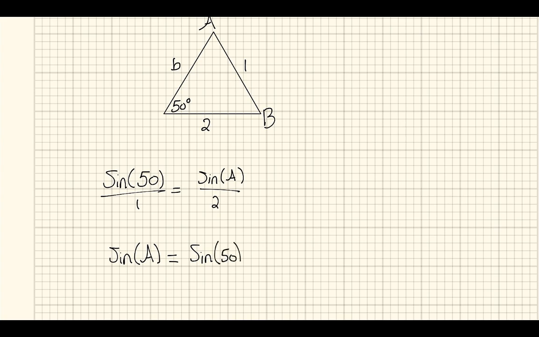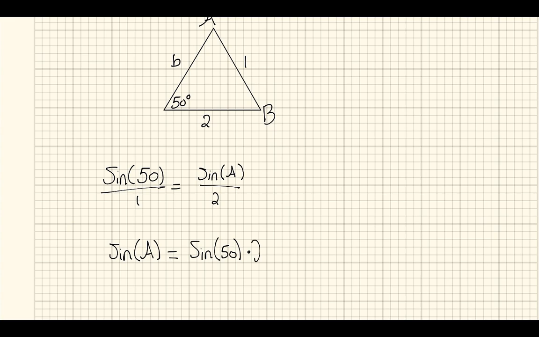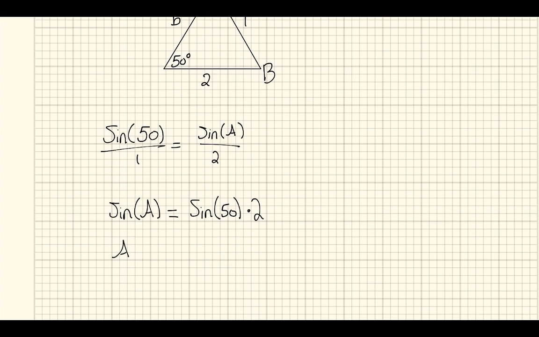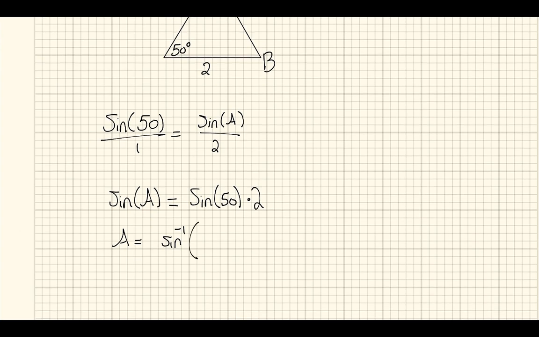of 50 times 2. All right, and if we're trying to solve for A, if you recall, we're going to inverse sine this whole thing here. Inverse sine of the sine 50 times 2 is going to give me what that angle is. So A is equal to the inverse sine of sine 50 times 2.